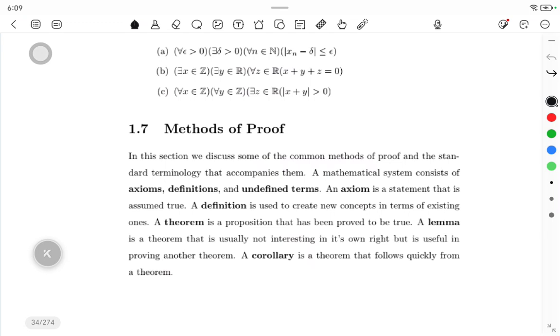So we'll see which ones are lemmas and how we go about lemmas. But in most cases, in your standards, we don't focus on lemmas and theorems. A corollary is a theorem that follows quickly from a theorem.